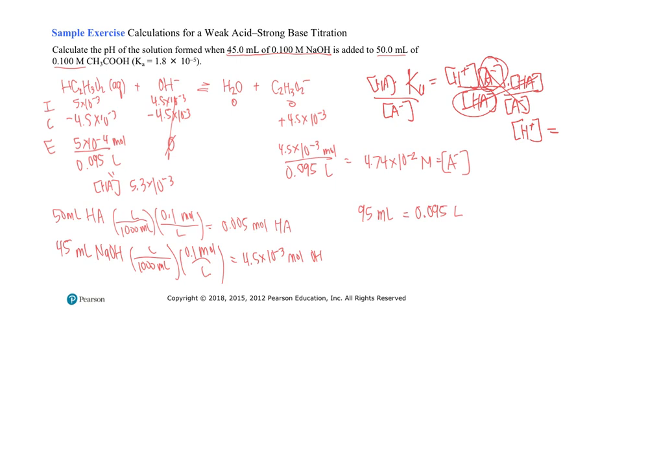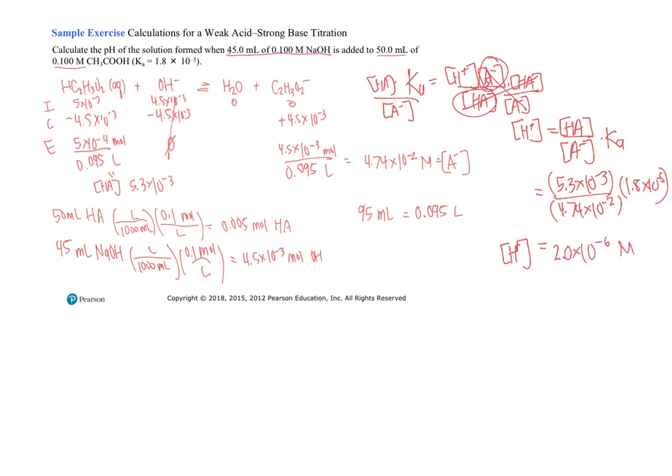So my hydrogen ion concentration is my acid over my conjugate base times Ka. So that's going to equal 5.3 times 10 to the negative third divided by 4.74 times 10 to the negative 2 times my Ka, which is 1.8 times 10 to the negative fifth for acetic acid, and that gives me a hydrogen ion concentration equal to 2.0 times 10 to the negative 6 molar.